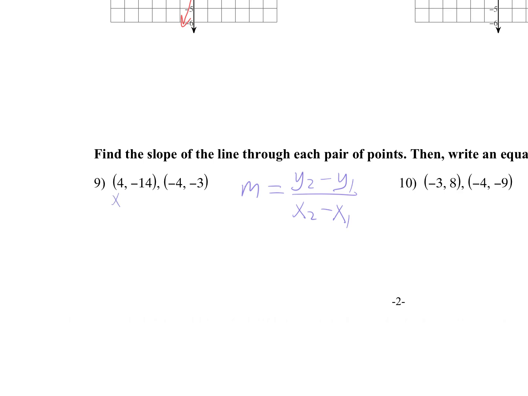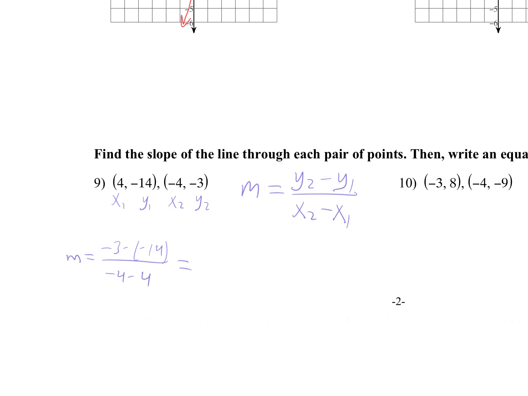So let's label this as x1 and this as y1. I'm going to label this as x2 and y2. Plug it into your slope formula. Y2 is going to be -3, minus y1 is -14. On the bottom, x2 is -4, minus x1 is 4.